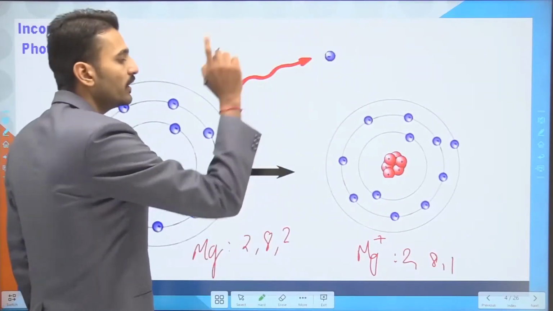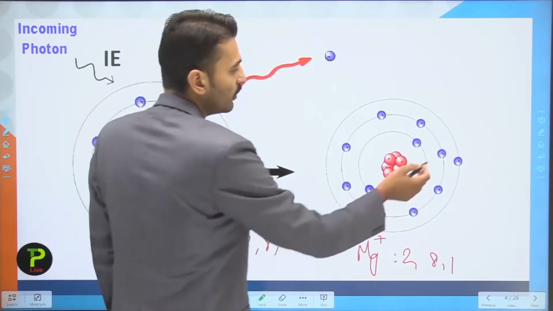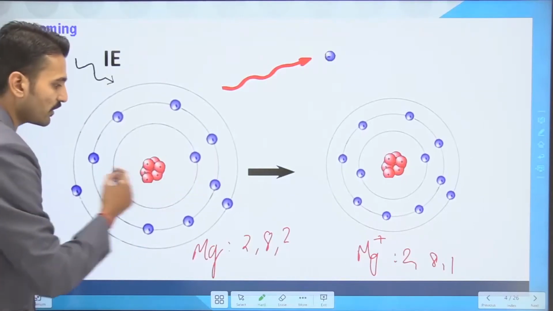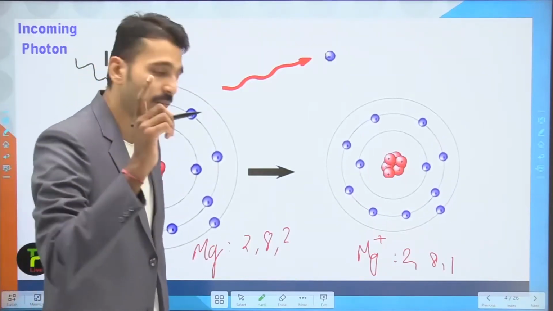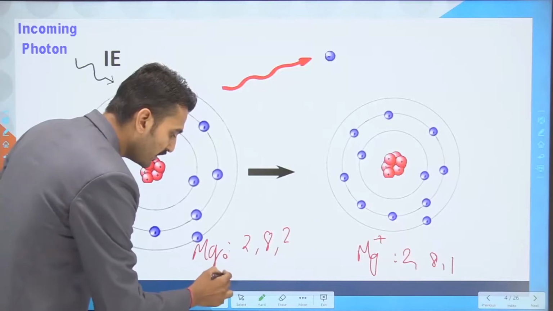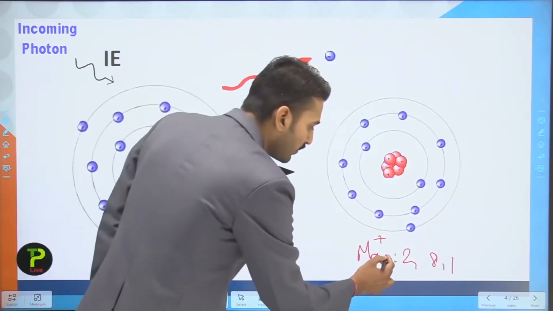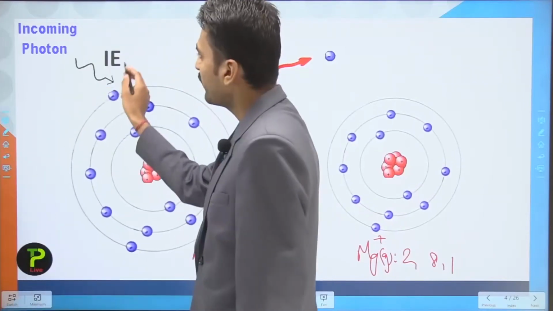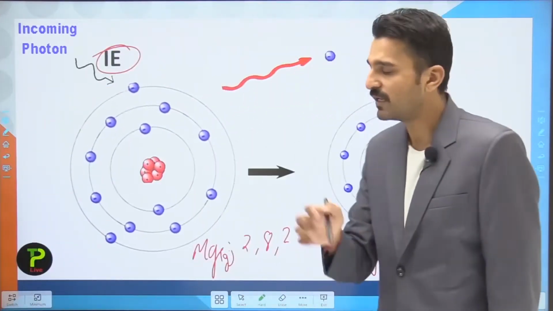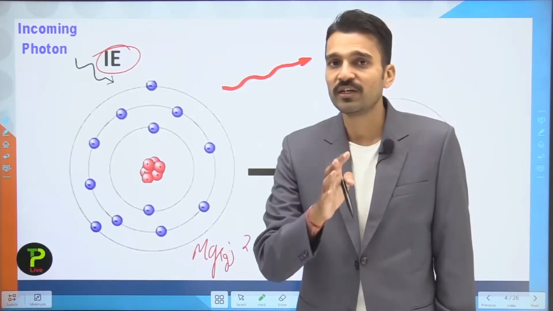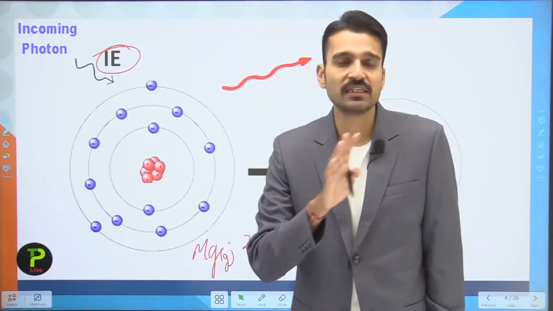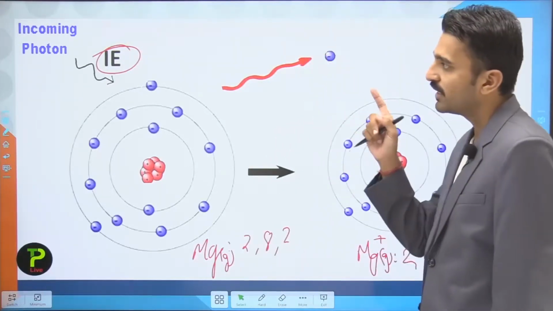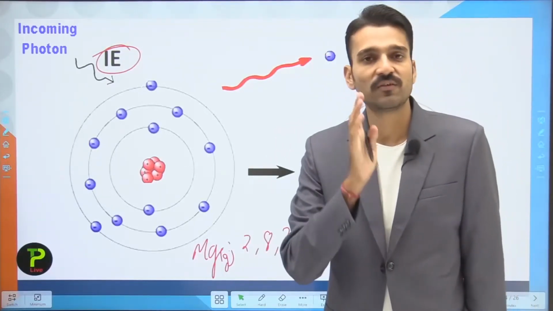You can see only one electron in its outermost shell, whereas earlier there were 2 electrons. But remember students, the magnesium should be present in the gaseous state for the removal of the electron. Then only will you call this energy ionization energy. If the electron were removed from the solid state, that energy cannot be defined as ionization energy. Remember this one point, that it should be in the gaseous state.